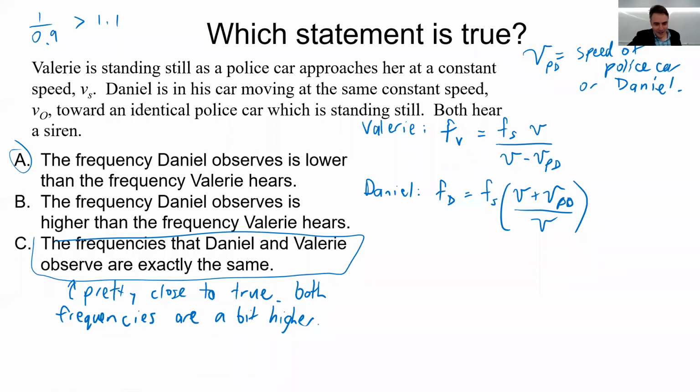I don't know who got A. I don't know if I can show it another way here. How can you actually compare? One way to compare, we can do this.